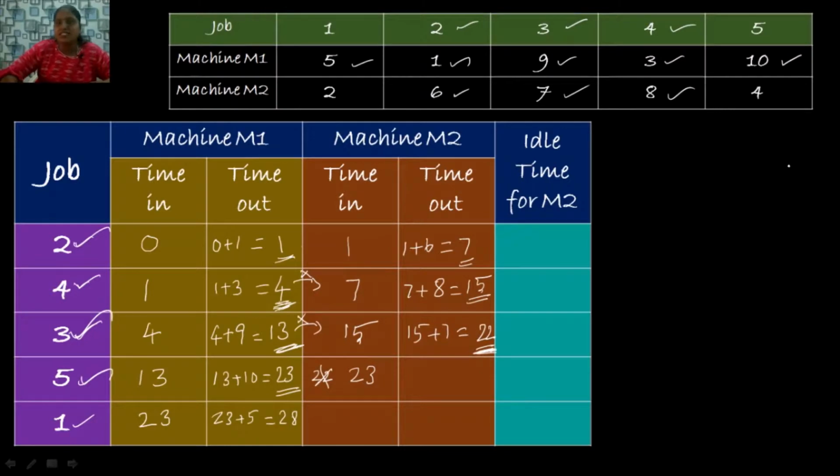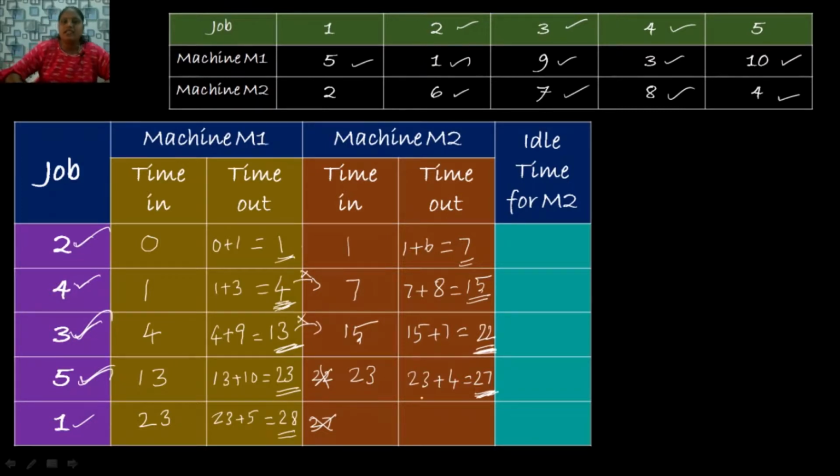And job 5 needs 4 hours of processing time on M2. So 23 plus 4, that is 27. Now machine M2 completes its processing of job 5 at 27 hours. But at 27 hours, it doesn't have any job, because only at 28 hours does job 1 time out from machine M1.